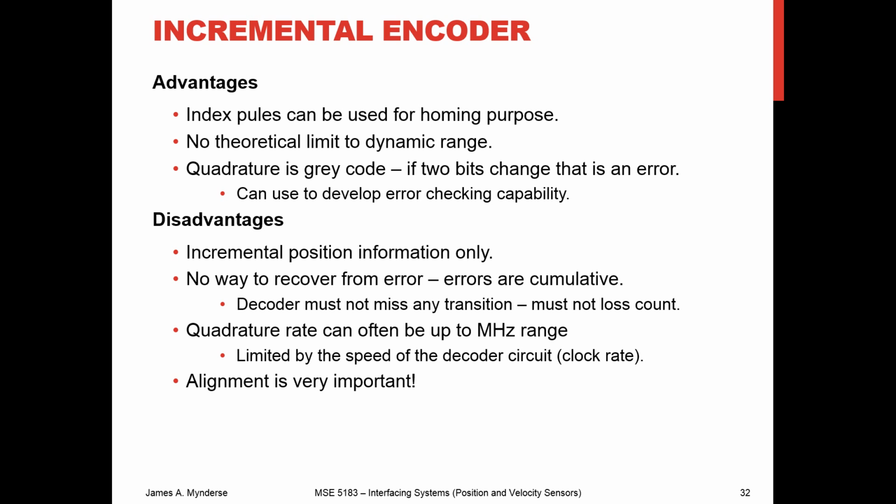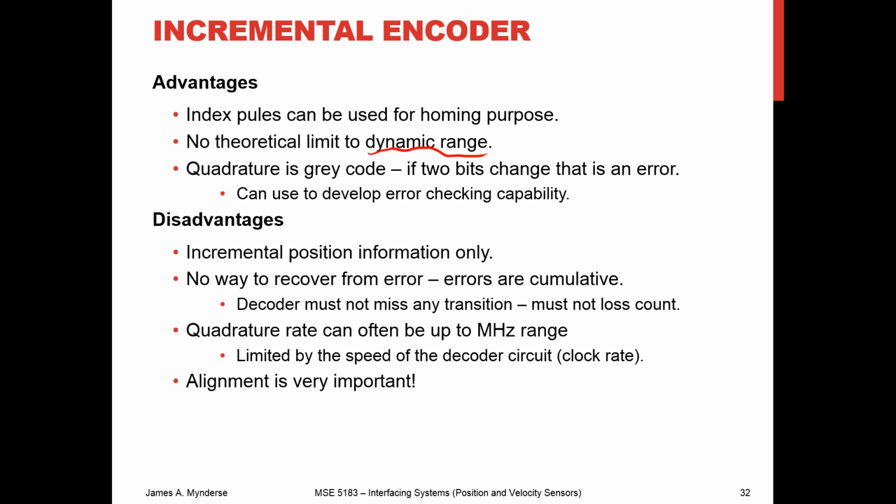But what's really nice here is that our dynamic range is potentially infinite, because our minimum detectable unit is based on the size of the grating, but the number of units that we count is based on how much memory we want to allocate, and we can allocate as much memory as we want. So our dynamic range goes way up, and if you think back to analog systems, that was a problem.